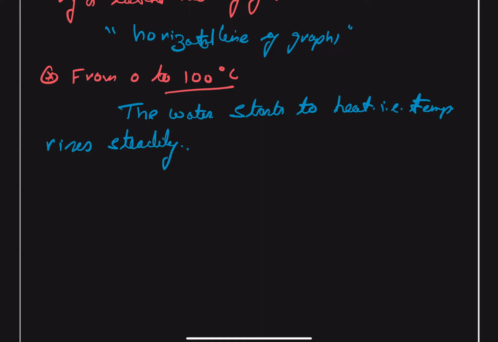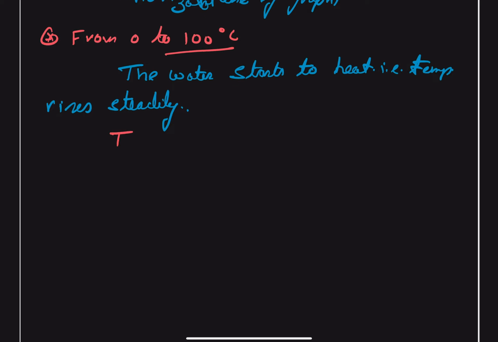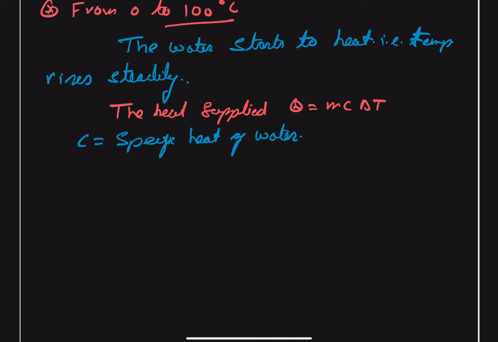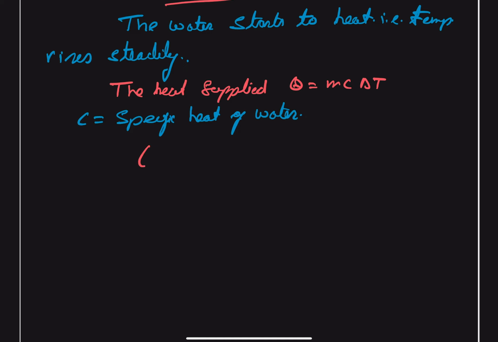So under this condition we can write the heat supplied is given as Q is equal to MC multiplied by delta T. Now in this case, C is the specific heat of water. And once again, we have a positive slope graph.